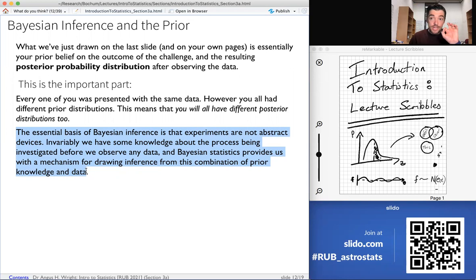But the probability of the model given the data is a subjective quantity because it is influenced by the prior. And so Bayesian statistics creates some mechanism for drawing inference from the combined information of prior knowledge and observed data.